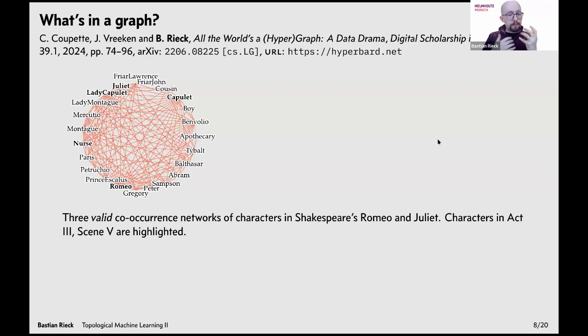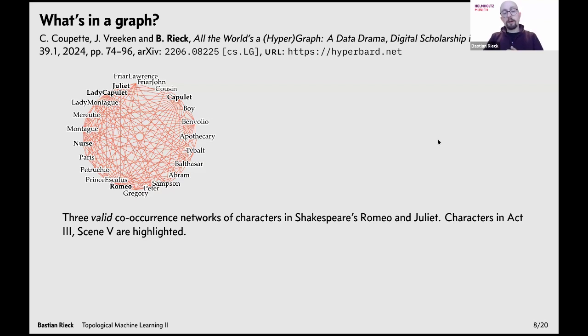And to underscore this point a little bit more, I want to point out something that we did last year, although the paper has only now finally been published. Somewhat whimsically, I could ask: what's in a graph? This is a paper with Corinna Coupette and Yıldız Rekin on hypergraph dataset constructions.